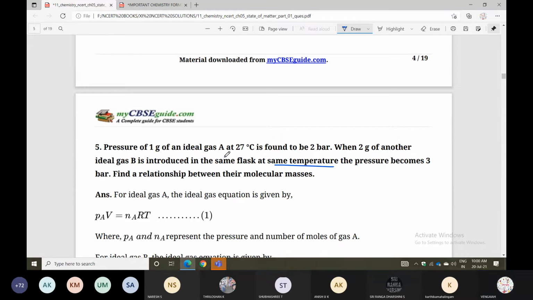Find the relationship between their molecular masses.